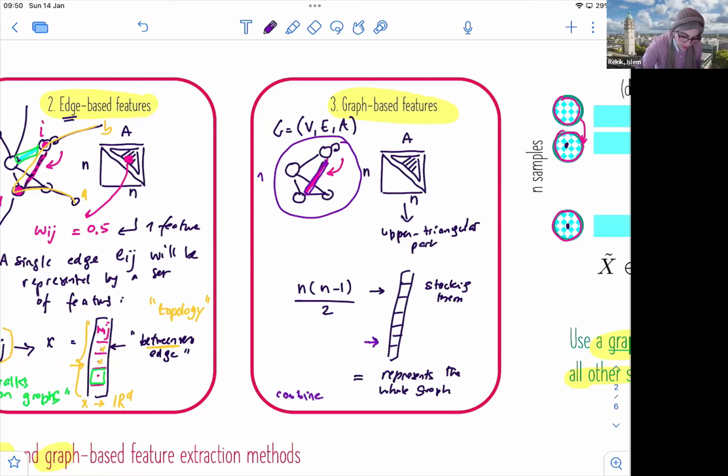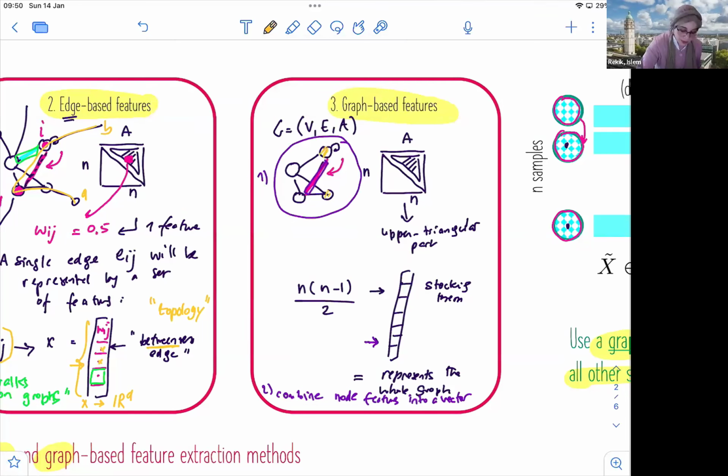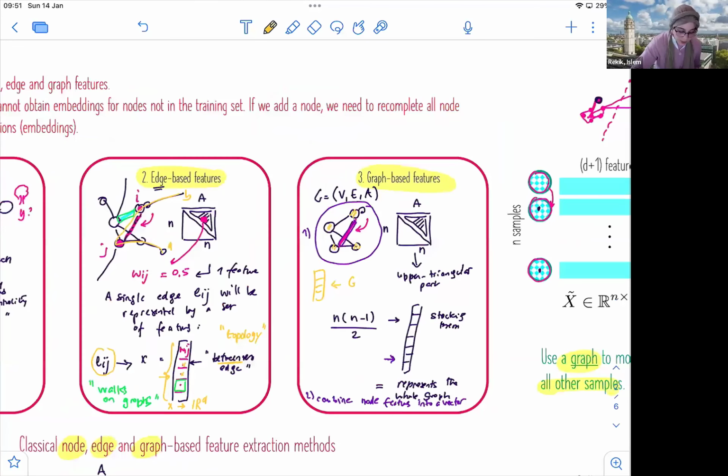So this is one way, combine node features, okay? So you combine node features into a vector that represents the graph. If you have the centrality measures of all these nodes, you can just stack them all together, and this will represent your graph G, okay? So that's another way if you're classifying graphs, or learning from graphs.